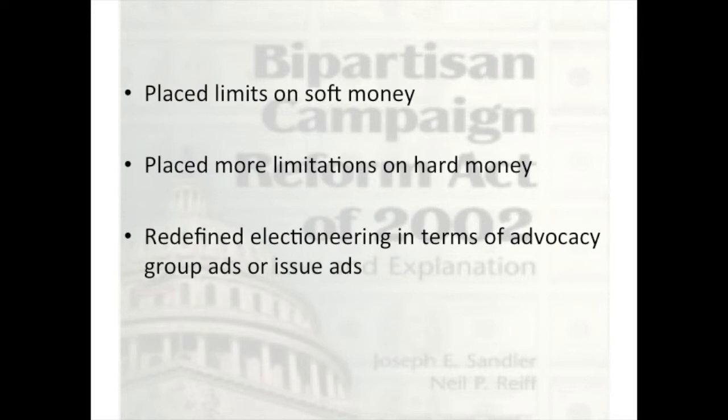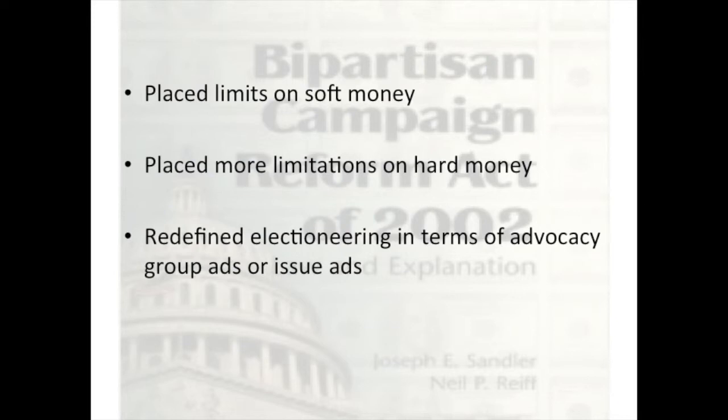The legislation prohibited, and this is from the Federal Election Commission's website, they sum up really well what BCRA did, national party committees from soliciting or receiving soft money. So national party committees can't solicit funds for or make direct donations to any kind of, say, tax-exempt organization like a nonprofit, if the organization is going to use that money, or if they do use that money, in connection with a federal election, including federal election activity.